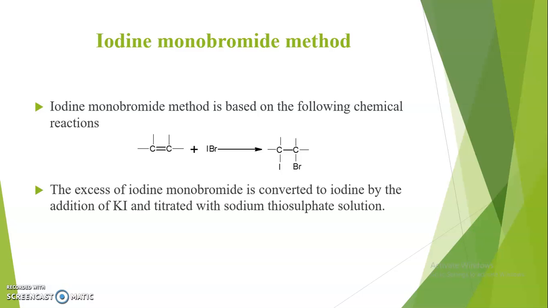Now the remaining amount of our iodine monobromide will react with potassium iodide. Due to the reaction between iodine monobromide and potassium iodide, iodine monobromide acts as an oxidizing agent, while potassium iodide acts as a reducing agent.